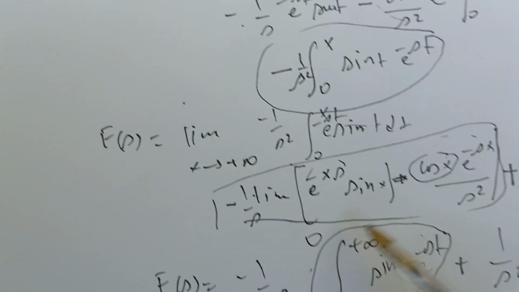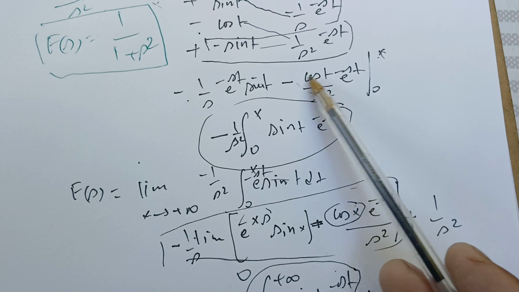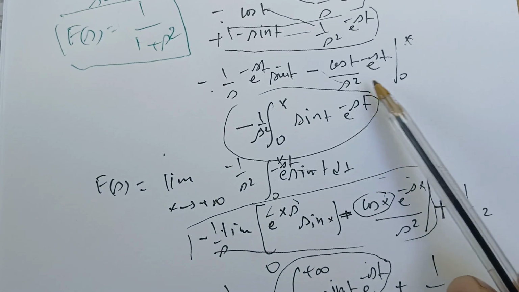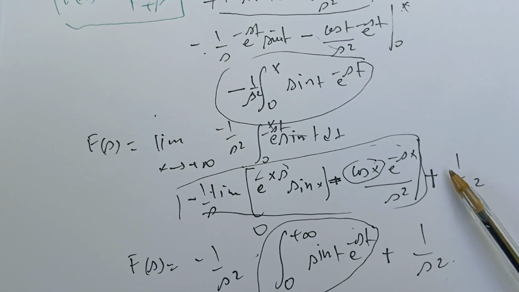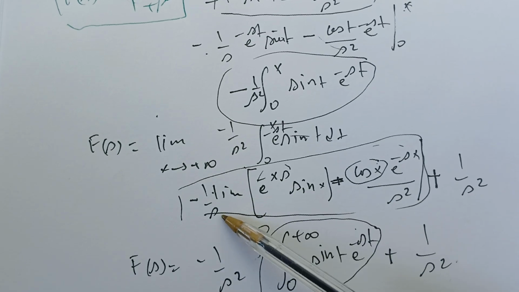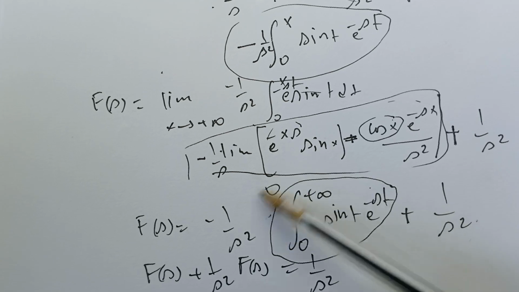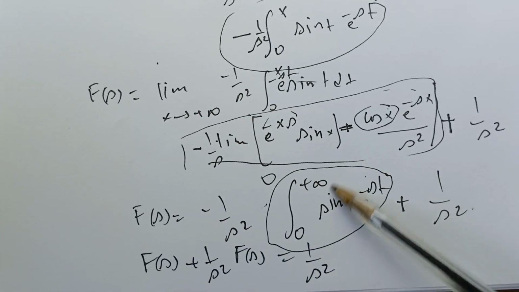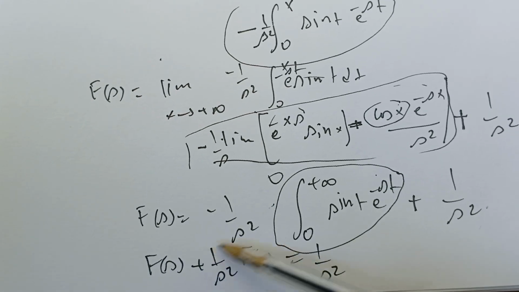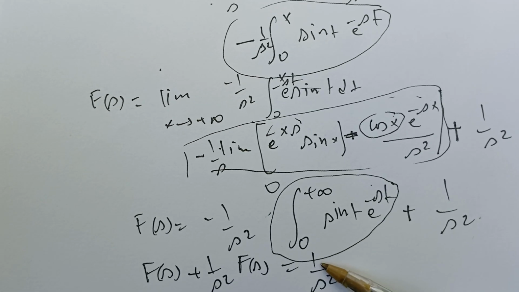Note here, the key is showing that this limit is 0, except when x is 0, where I get 1 over s squared. Once I get here, I take the limit, and I remember that this is just the definition of the Laplace transform of the sine. I take it to the left and I get s squared plus 1 over s squared, and that is equal to 1 over s squared.